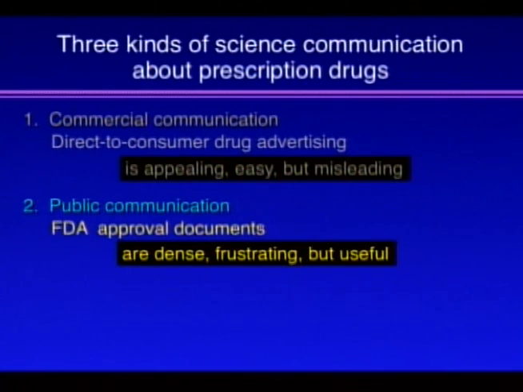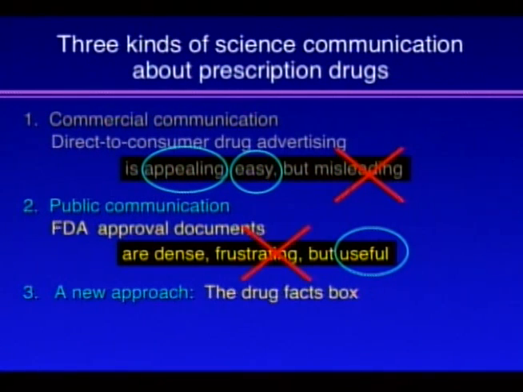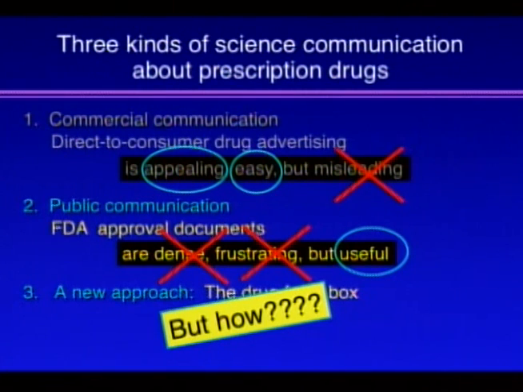So Lisa and I thought, well, wouldn't it be nice if you could come up with a better way? And we developed the drug facts box. And the idea is simple: something that's appealing and easy and useful, but not misleading, frustrating, or dense. So how do you do that? Well, we thought about it a lot, and one day the answer came to us over breakfast.